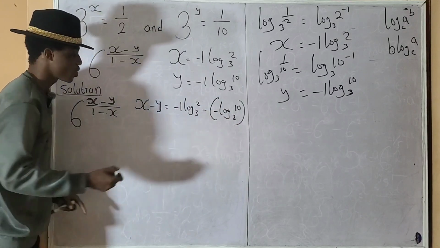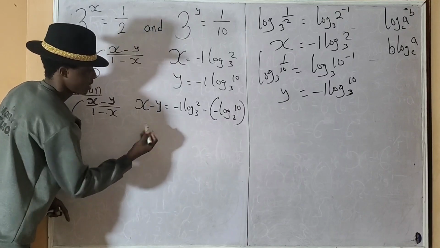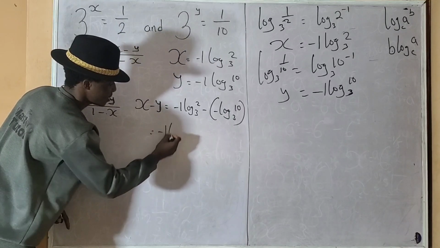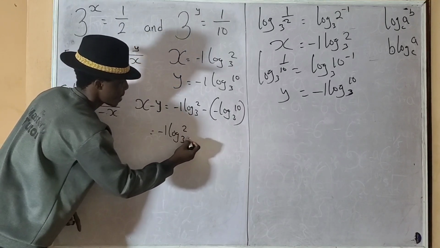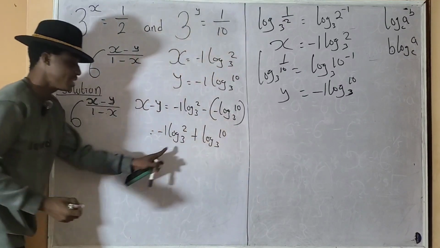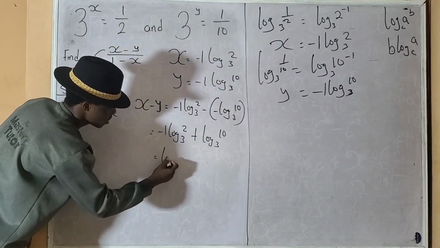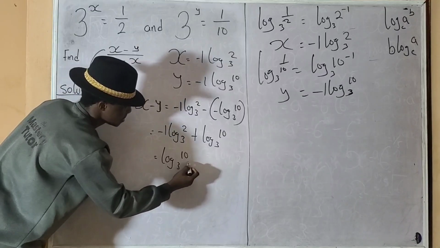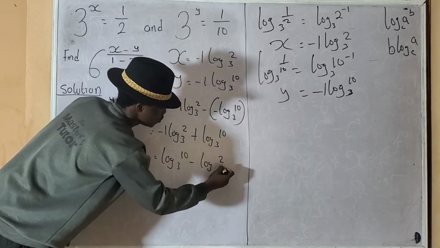So the equation becomes negative 1 log 2 base 3 plus log 10 base 3. This can be written as log 10 base 3 minus log 2 base 3.